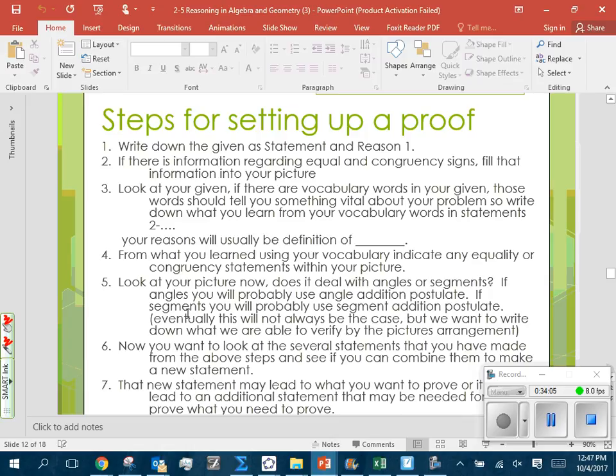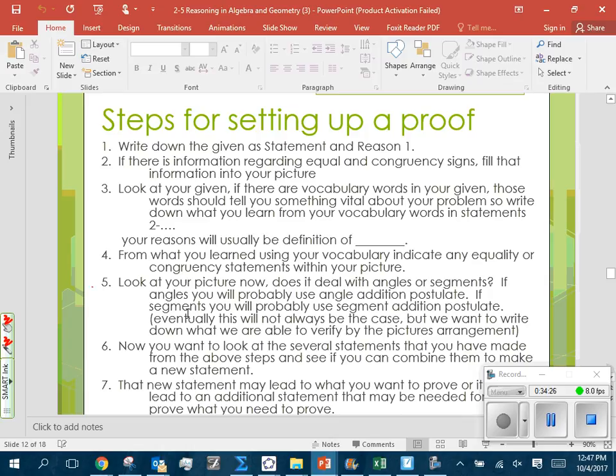Okay, so if it says midpoint, then it should give me 2 congruent segments. So for our problem, I go find what are the names of those 2 congruent segments in our problem. Okay, and I write that down. And once I write that down, I go to my picture and I draw that in on my picture. Okay, and I do that for every single vocab word that is listed inside my given.